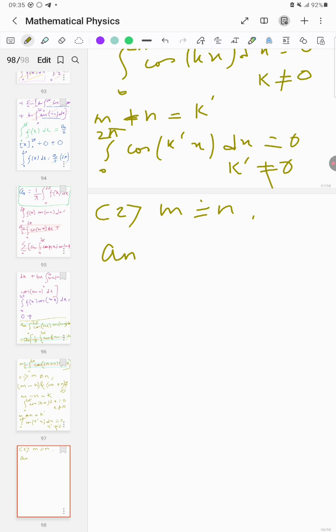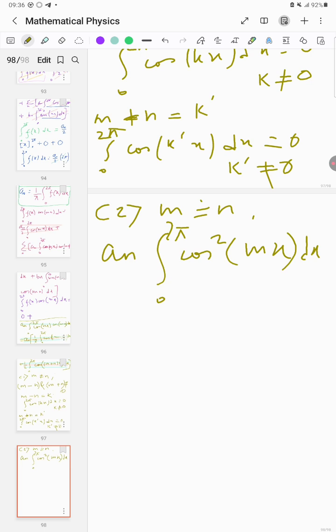It will be a n integration 0 to 2 pi cos square mx dx. Alright? Isn't it? Yes, it is.